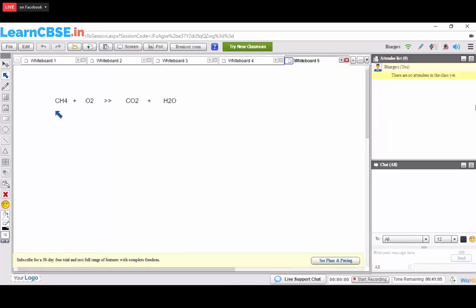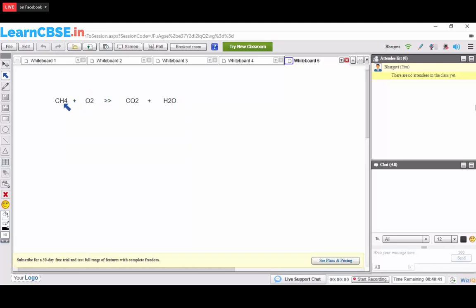Next one is CH4 plus O2 gives CO2 plus H2O. So CH4 is methane. Methane reacts with oxygen, gives the carbon dioxide and the H2O. Okay, so now this is the combustion reaction. One carbon atom here and here also it's one carbon atom.